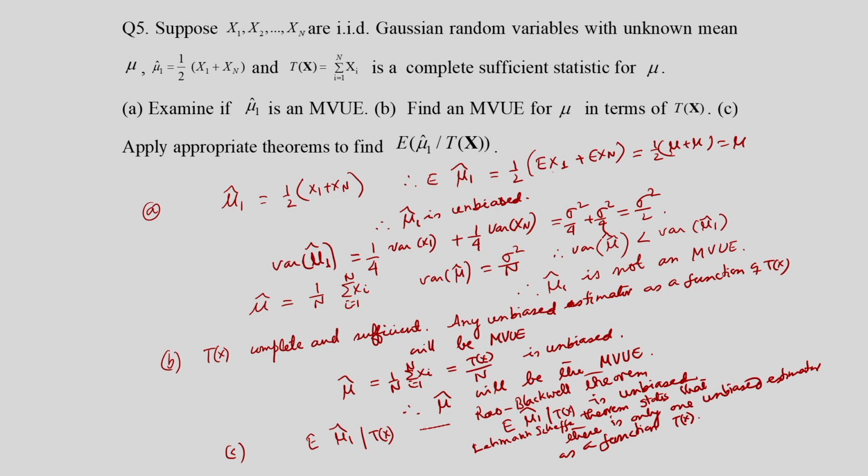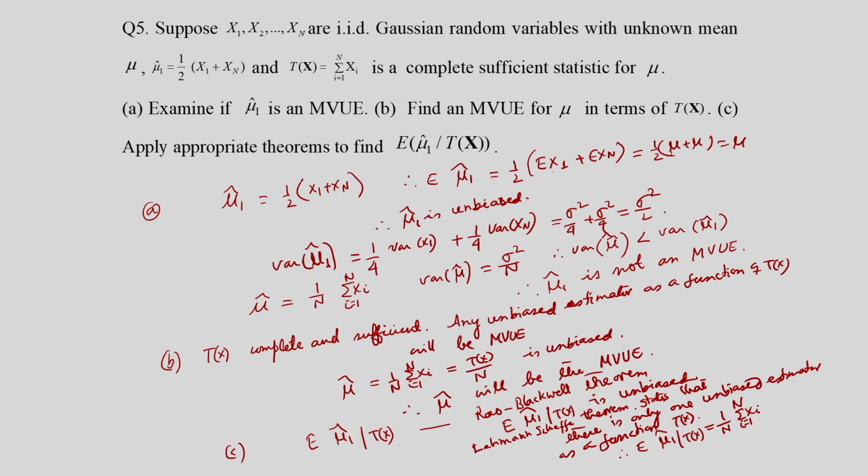Now, this quantity E of mu1 hat given Tx is unbiased and it is a function of Tx. Therefore, this must be equal to 1 by n summation xi, i going from 1 to n. So, E of mu1 hat given Tx must be equal to 1 by n into summation xi. Here we first apply the Rao-Blackwell theorem, which says that this conditional expectation is unbiased.